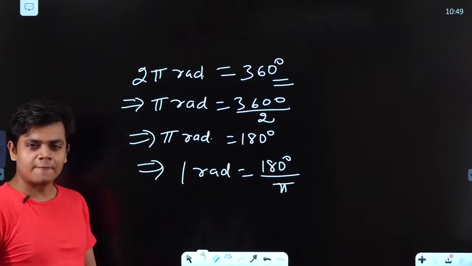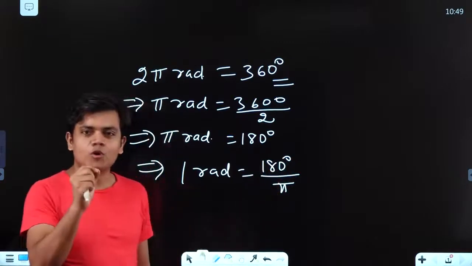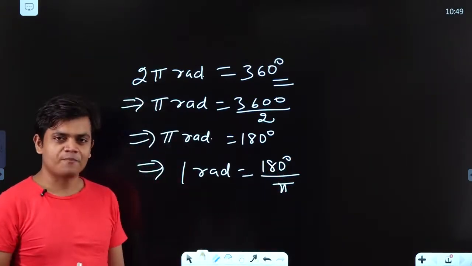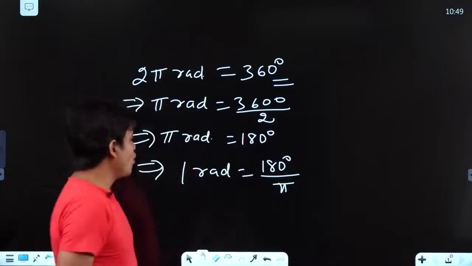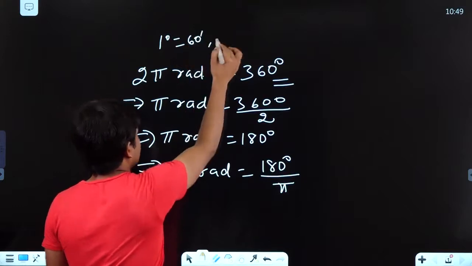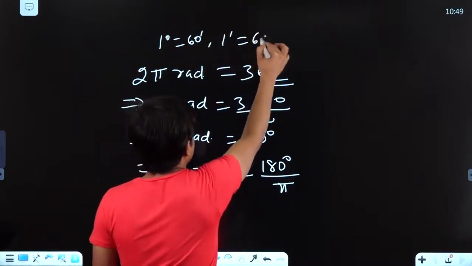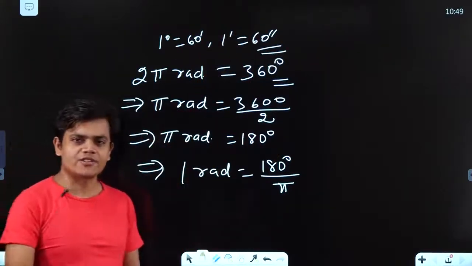Therefore, 1 radian is equal to 180 degree by pi. But now, I have to change this into a simpler form. Okay? Degree, minute and second. And we all know already that 1 degree is equal to 60 minutes, and 1 minute is equal to 60 seconds. So we all know these results already.